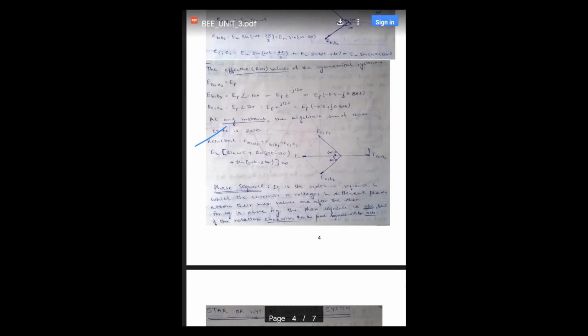So it is represented as Em sin omega t minus 120 and sin omega t minus 240. So it becomes zero. How come it becomes zero? Because these two phases are separated by 120 degrees, and this minus x-axis or the resultant is the angle bisector.